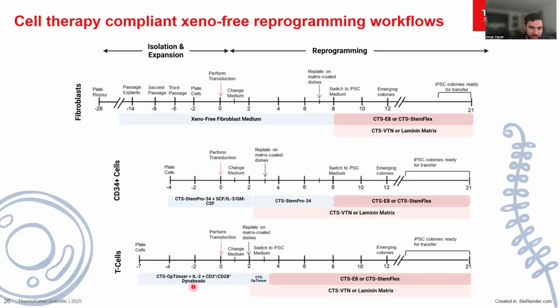You'll see that in this case, when we're culturing the T cells prior to the day of introducing the Sendai vectors, we culture them with IL-2, but also with Dynabeads that have CD3 and CD28 epitopes that allow us to activate those cells. And so that makes them more proliferative, and because of that, our ability to reprogram is slightly better. Great question.